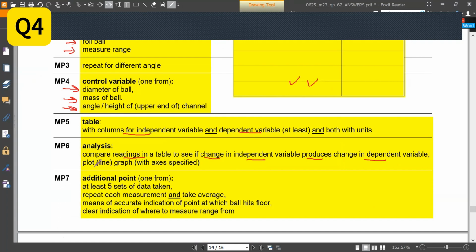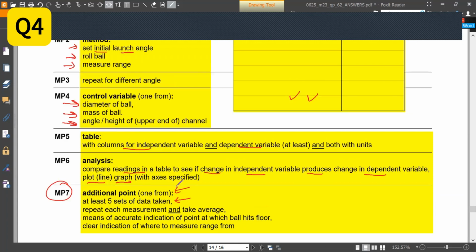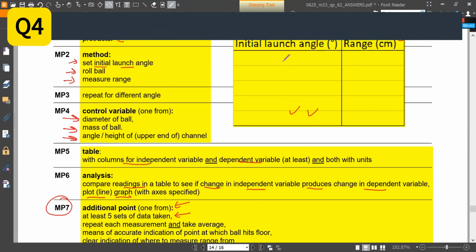Or another way to analyze, plot a line graph. Finally, we can also have some additional points, anything that can give us some additional marks. For example, we can say at least 5 sets of data taken. So we are doing maybe at least 5 angles.